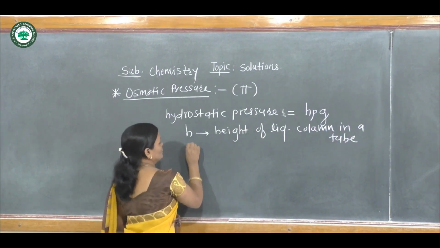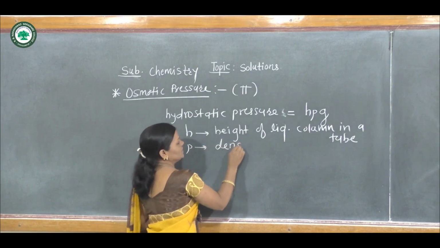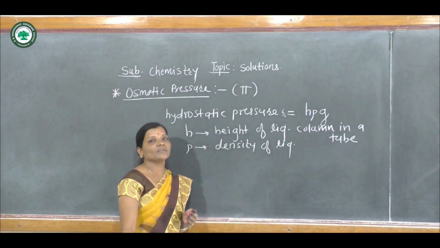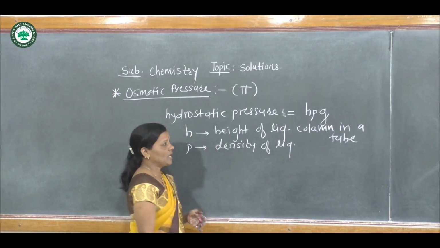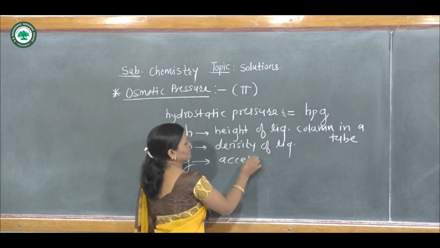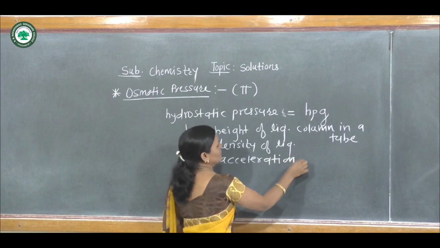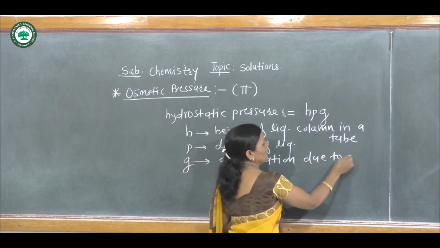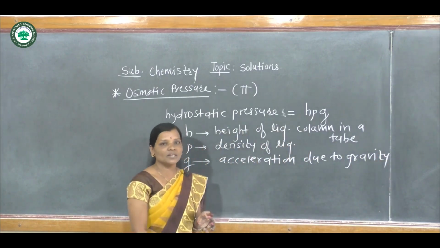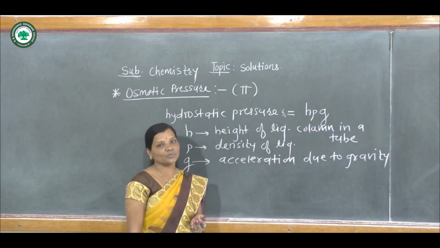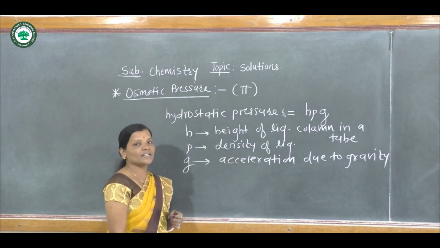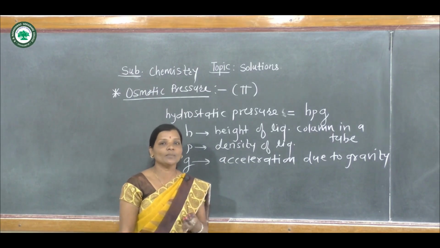And here rho is the density of the liquid which is taken for the study of osmosis, and g is the acceleration due to gravity. This hydrostatic pressure that stops the osmosis process is called osmotic pressure, denoted by the symbol pi.